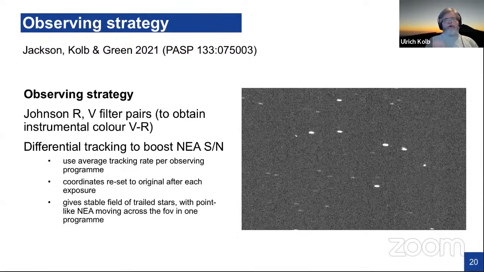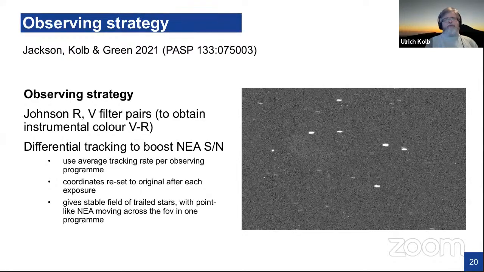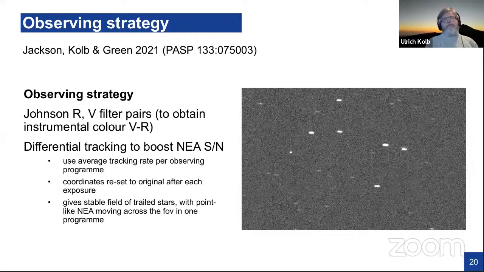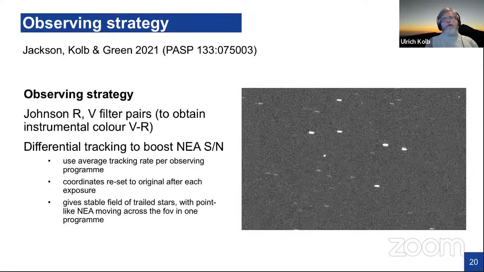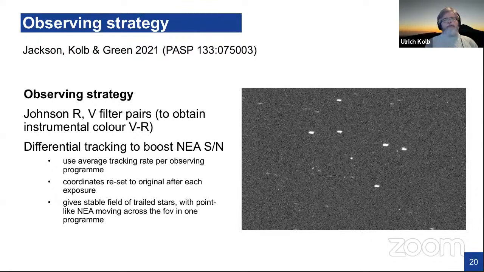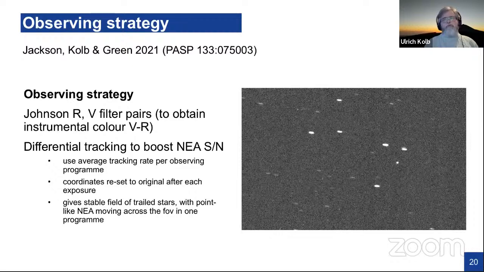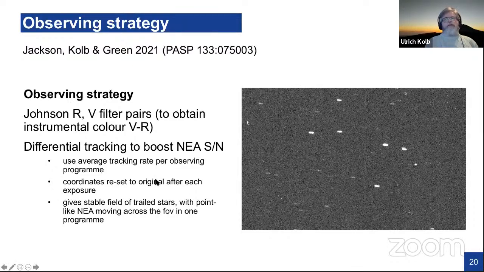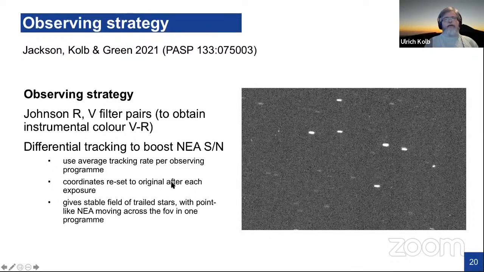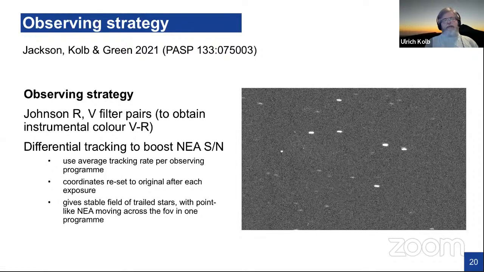If you were to sidereally track, you get your stars nice and round and faint stars, but the asteroid whizzes through and therefore wastes its photons on a streak rather than in a point where it could have a much better signal. And so what we therefore do for these faint objects is to track the asteroid and allow the stars to be trailed.